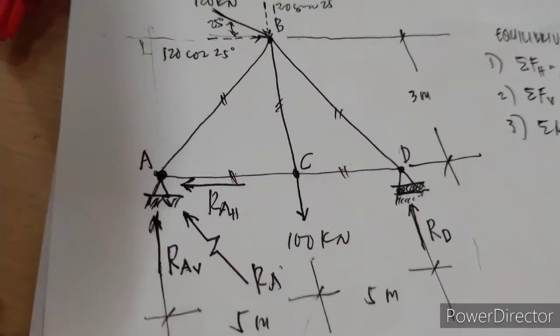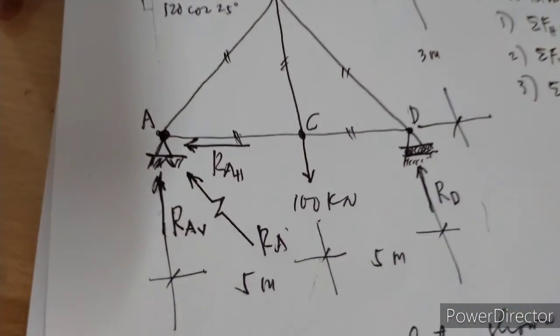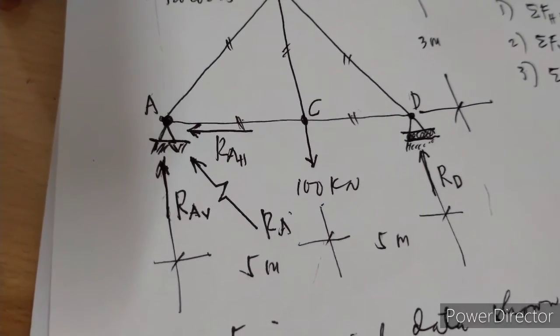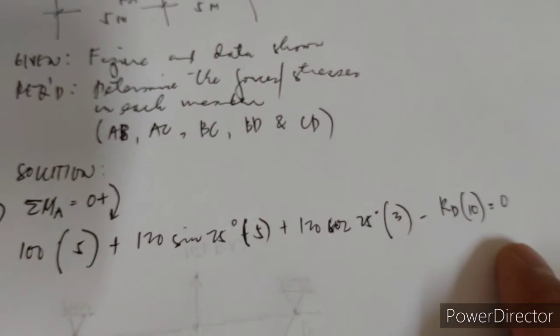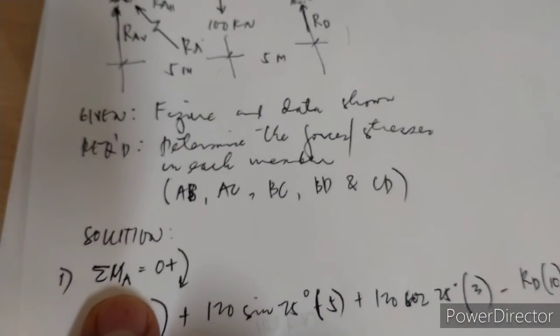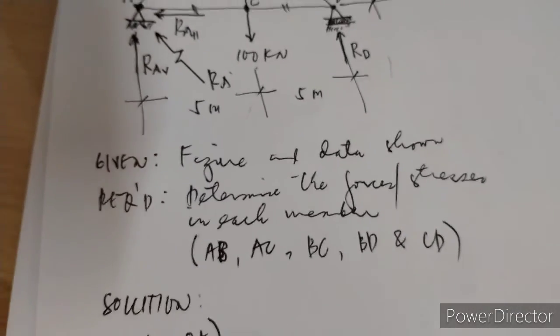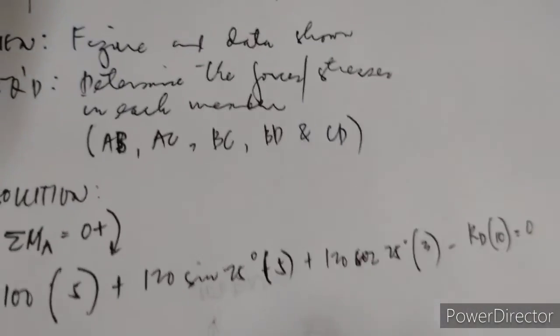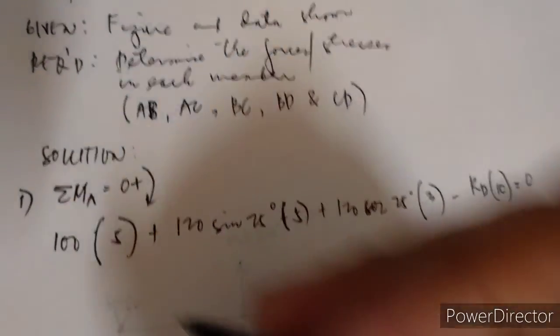That is 5 plus 5, so it's 10, times 10 is equal to 0. This is actually our general equation for this particular summation moments at A. Okay, so simplifying this, this is 500.